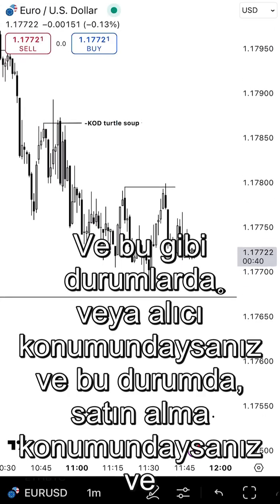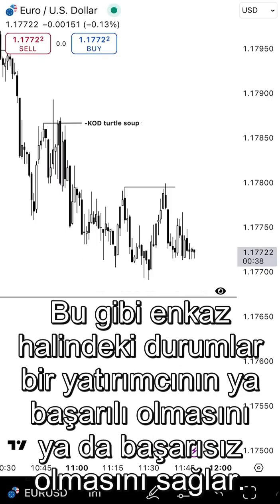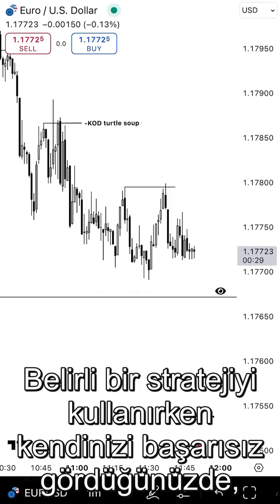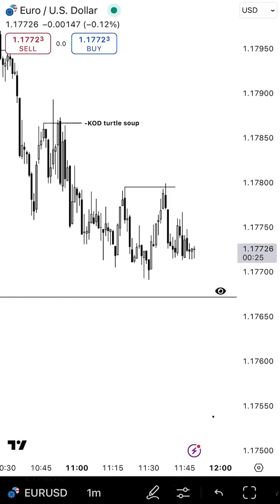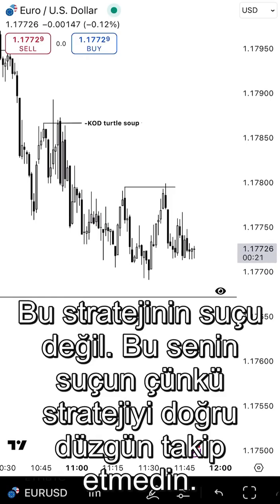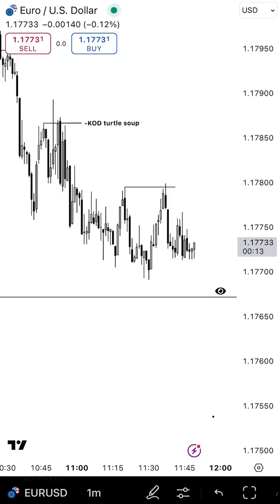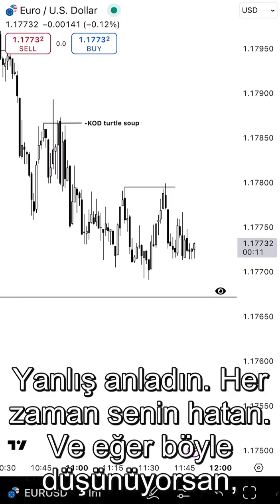In situations like this, if you were in a buy and you got wrecked, situations like this are what either make or break a trader. When you see yourself failing using a certain strategy, it's not the strategy's fault, it's your fault. Because you didn't even follow the strategy properly. You were wrong. You misunderstood.